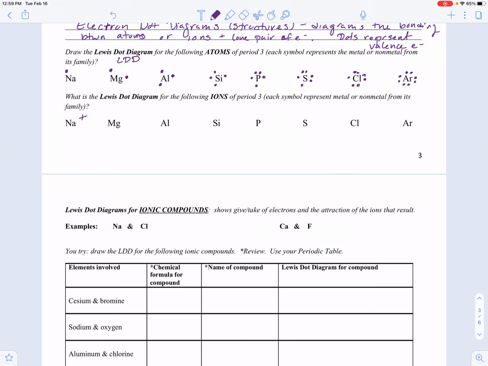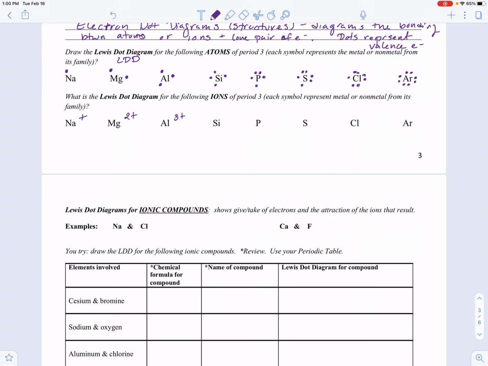So no dots, positive charge. Magnesium had 2 valence electrons, but it's going to give both of those away. That's going to give it a 2 plus charge. Aluminum had 3 valence electrons. It's going to give away all 3 valence electrons, and that's going to give it a 3 plus charge. So the Lewis dot diagram for your cations is basically no dots and their charge.